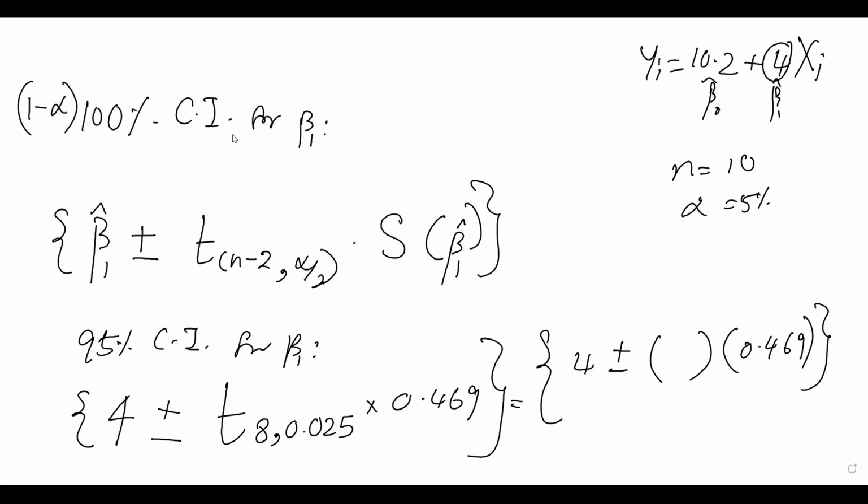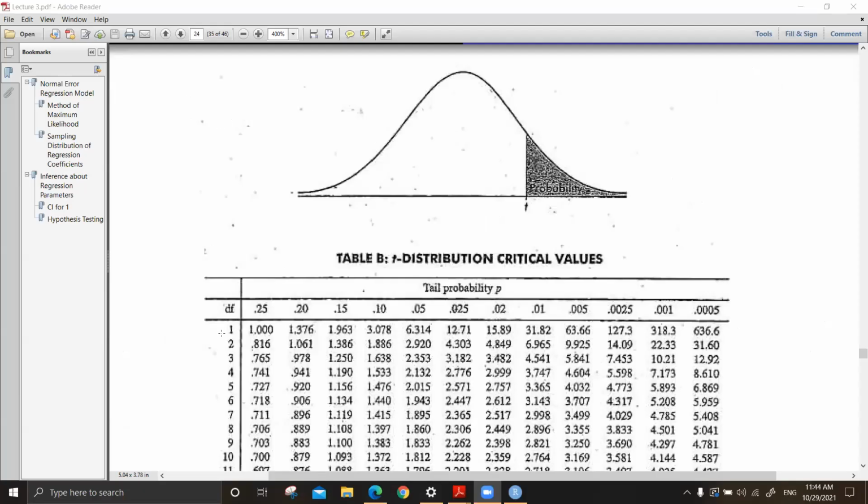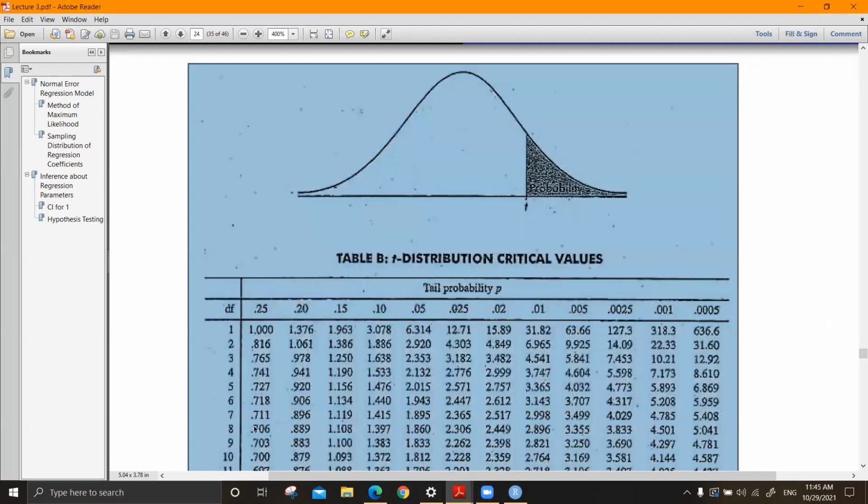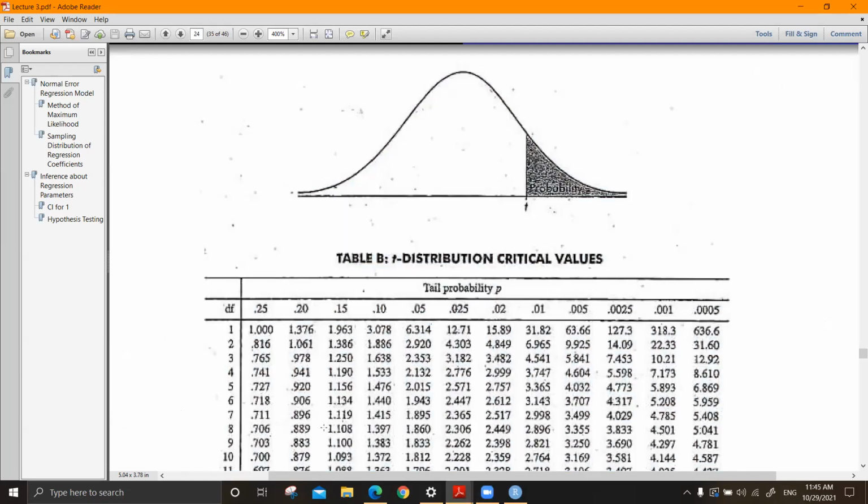So let me show you the table and how to read T8 0.025 from the table itself. So degrees of freedom is 8. So you have to go along this row, right? The tail probability is alpha over 2, which is 0.025. So that is this one.